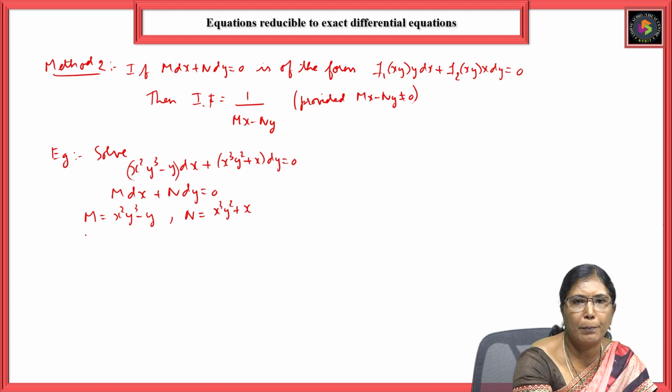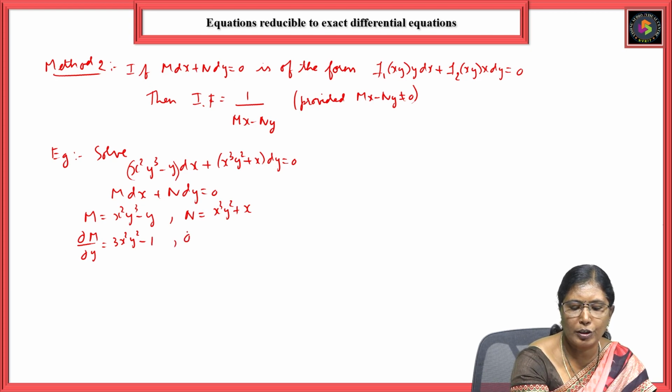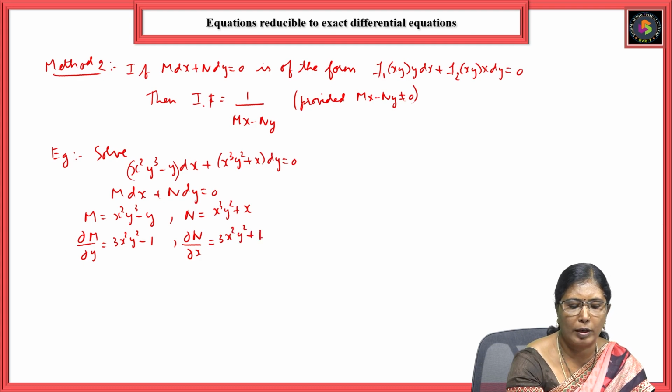So differentiate M partially with respect to y. Dou M by dou y is equal to 3x square y square minus 1. Differentiate N partially with respect to x: 3x square y square plus 1.